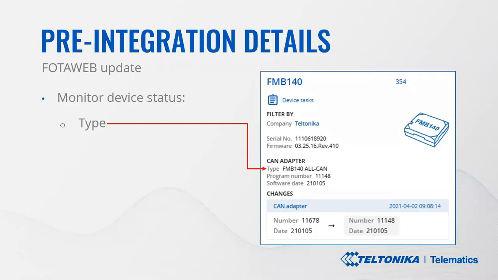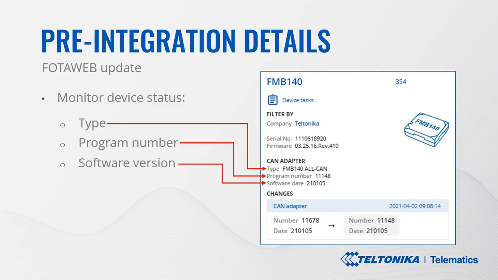Also, in the device information, you will be able to identify the currently set program number in the unit. Additionally, a very important parameter is the software date, so you will also be able to identify it there. Of course, additionally, you can always inspect the changes made to the device in the changes tab.